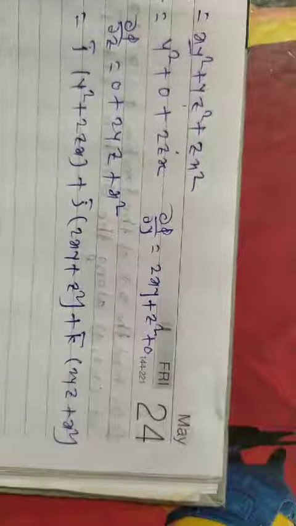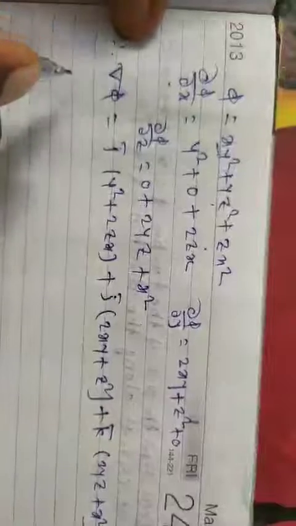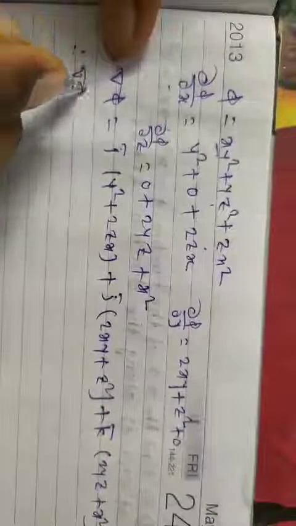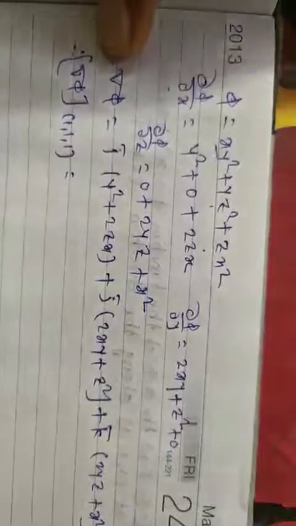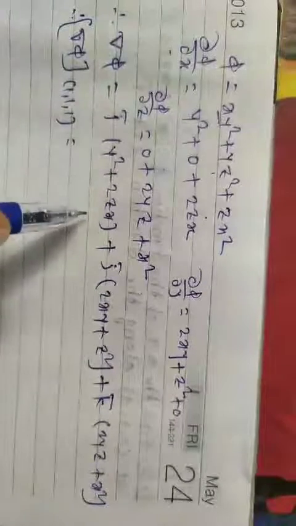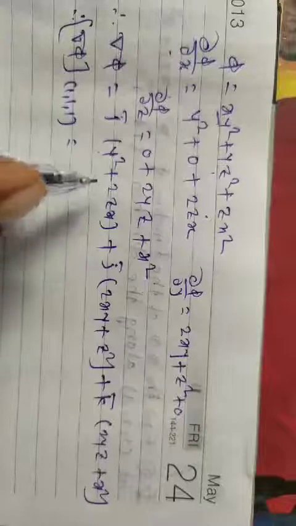Our question is to find the directional derivative of phi at point (1,1,1). So we have to find del phi at point (1,1,1), meaning in this del phi in terms of x, y, z we put x equal to 1, y equal to 1, z equal to 1.